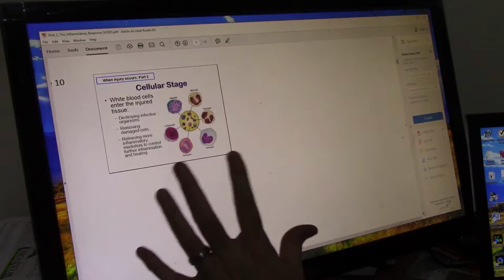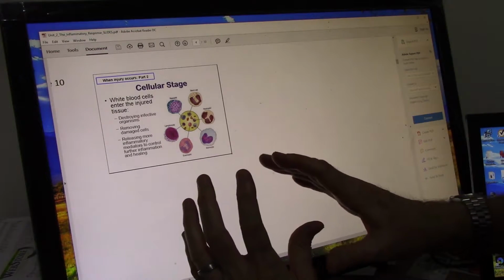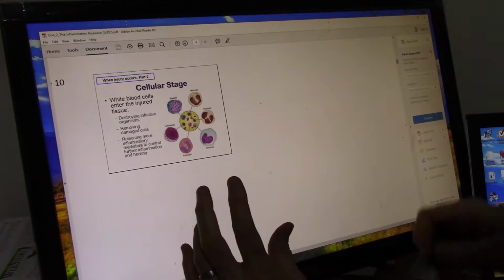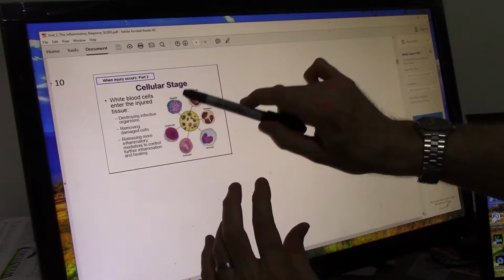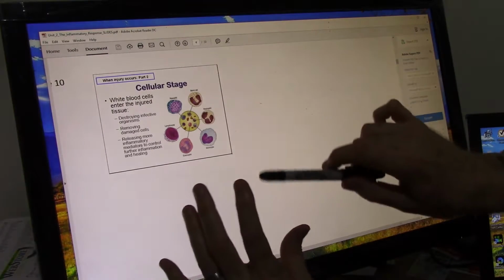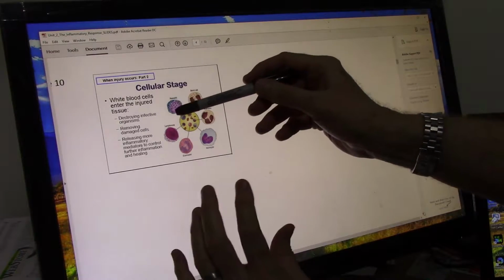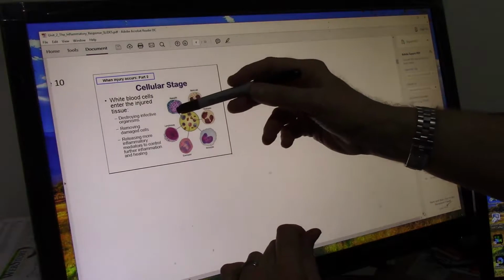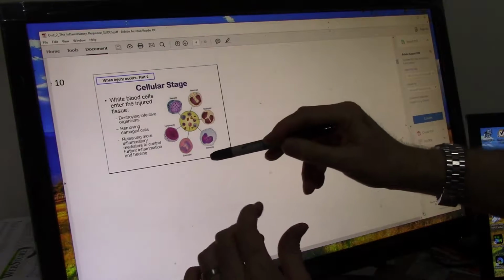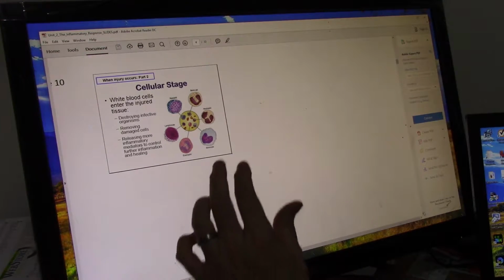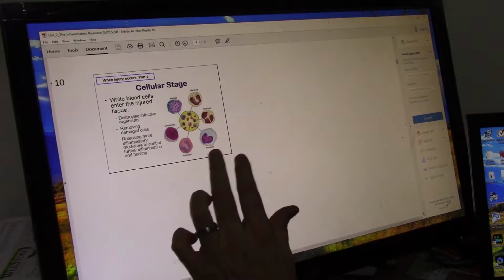Now, these are just some cells that will be involved. They don't necessarily all occur at the same time, but I want to familiarize you with these. You have basophils here. Remember, they're also like the mast cells. These are one of the first things that respond. They will call up the neutrophils. Anytime you see monocyte, that is a macrophage. That's just another word for them.